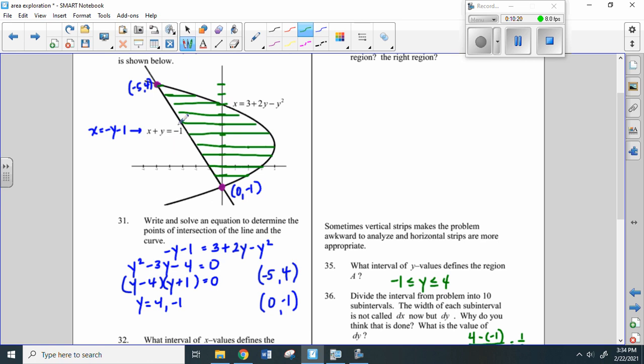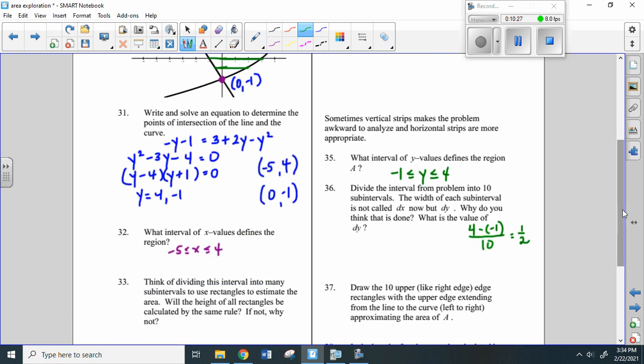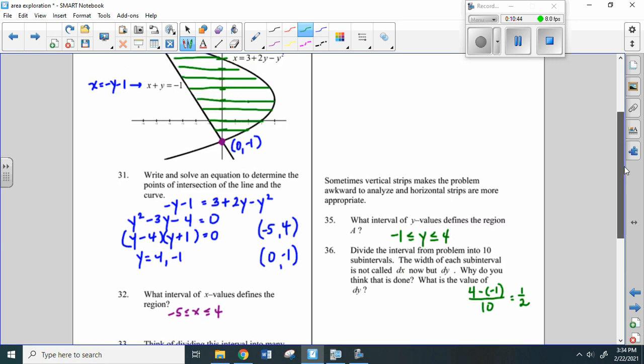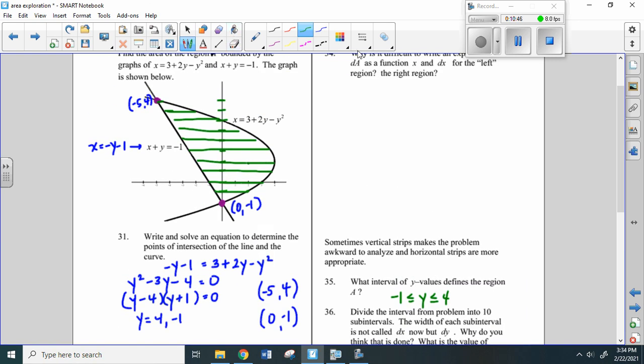All right, so those are my strips, and now it goes on to say, draw the 10 upper edges. Kind of like a right edge, but we're doing the upper edge of the rectangle, and the upper edge will extend from the line to the curve, left to right. So for this first one, there's not really anywhere to draw it.